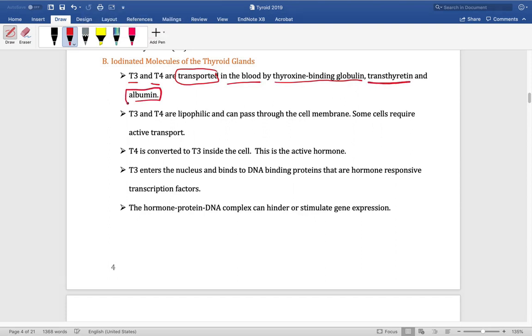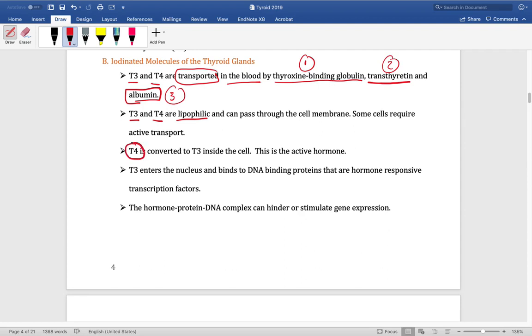So these are three transporters that are responsible for carrying thyroid hormones in the blood. Now, T4 and T3 are lipophilic, so they have the ability to pass through the cell membrane. However, in some cells, they're actually going to require active transport.